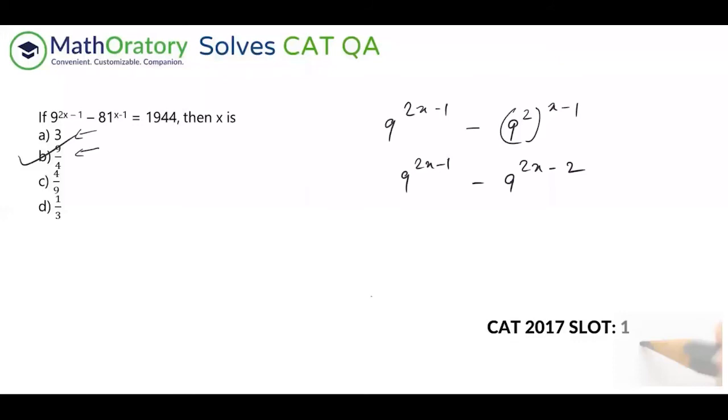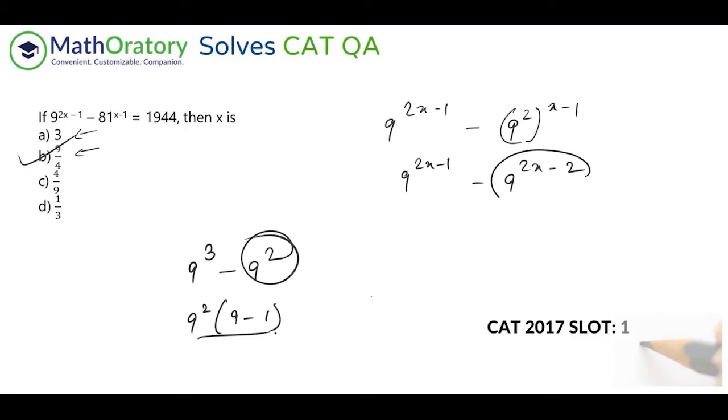So let me explain this to you in a very, very basic manner. Suppose I'm doing 9 cube minus 9 square, something like this, right? The thing that I can take common is 9 square, isn't it? Because that is a lower power, right? Now, obviously, in this question, this has to be the lower power.